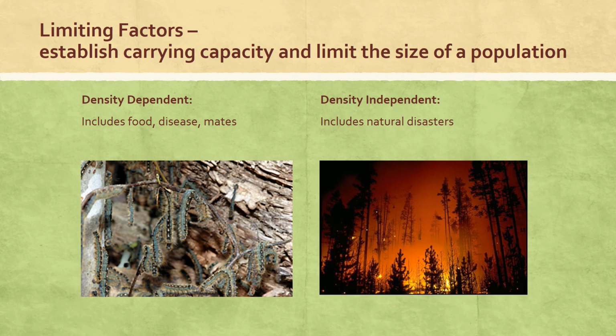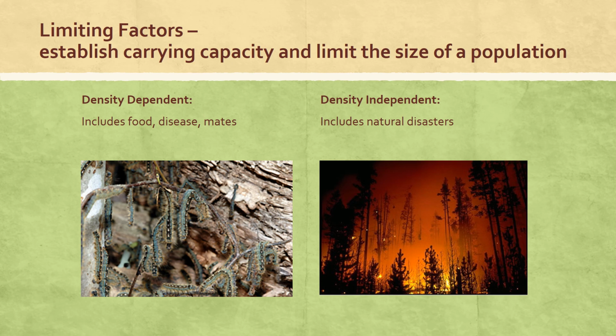Limiting factors. So we have density dependent limiting factors and density independent. So density dependent, those would be food, disease, mates. That's part of what determines the carrying capacity and limits the size of the population. Density independent would be natural disasters such as this forest fire here.